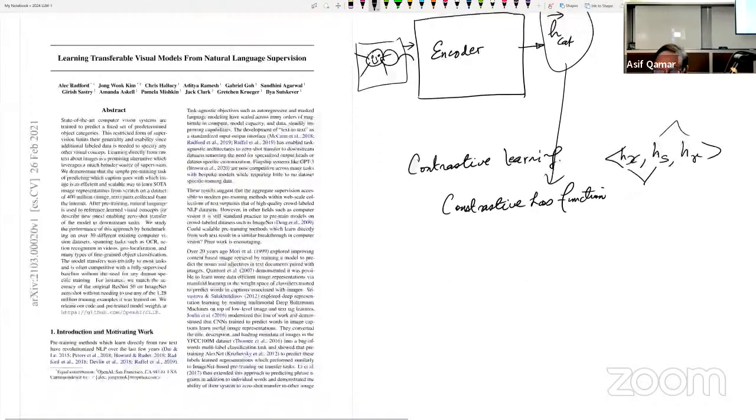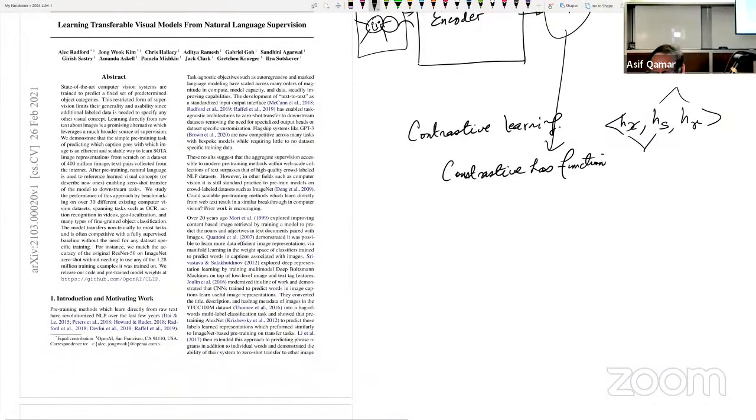Now, this paper asks this question. Look at the sentence encoder, for example. There, the triplet was the reference text, a similar text, and a random text. These were all text, text, text.